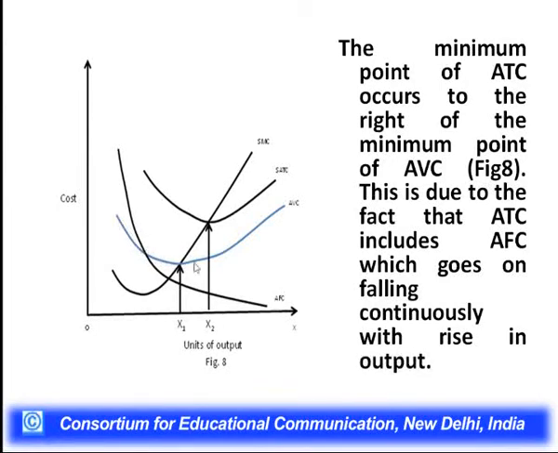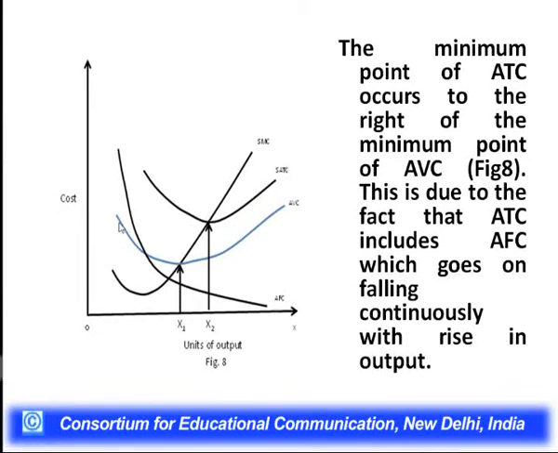SAVC, short run average variable cost, is of U shape, it is declining and then it becomes minimum and then it is rising. And SATC is the addition of both AFC plus AVC, it is also of U shape.